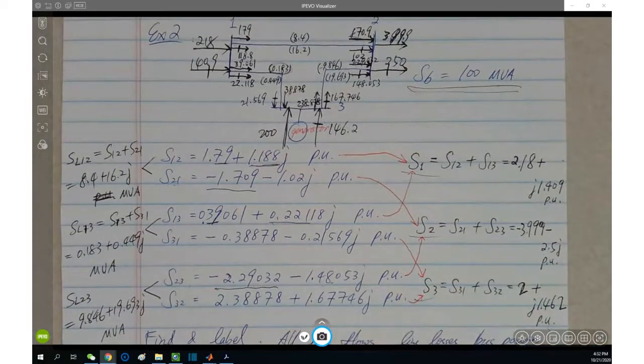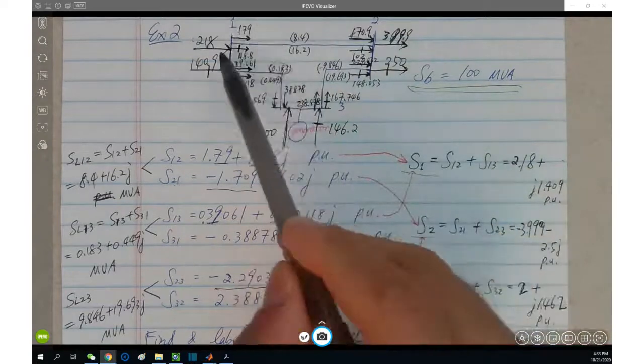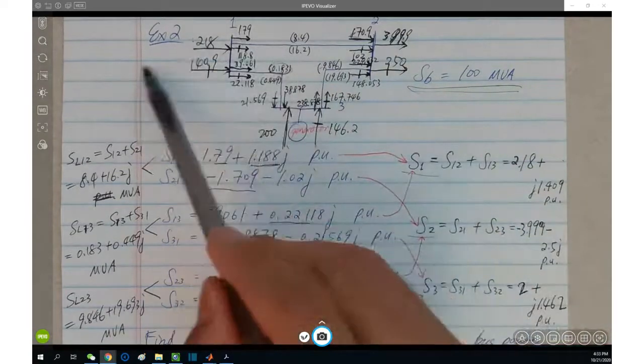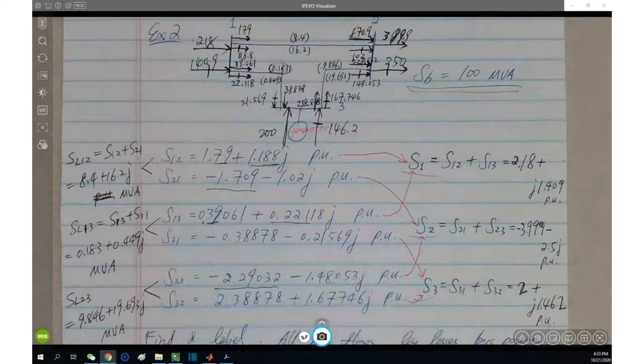Why wouldn't they say that there's some sort of generator at node 1 if it's providing power? This is actually part of the network. And there's something here providing power to it. There's a source before it, providing power to it.